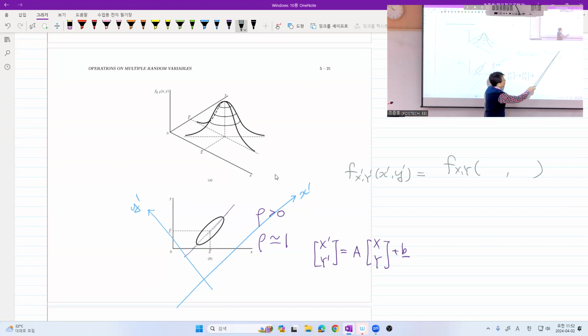Here, you must have x in terms of x prime and y prime, y in terms of x prime and y prime, and then here goes what? The absolute value of the determinant of this A. I already assumed A is invertible.